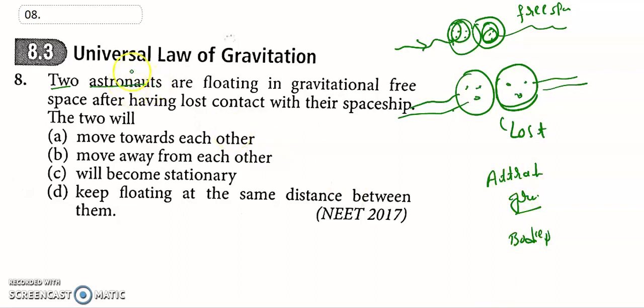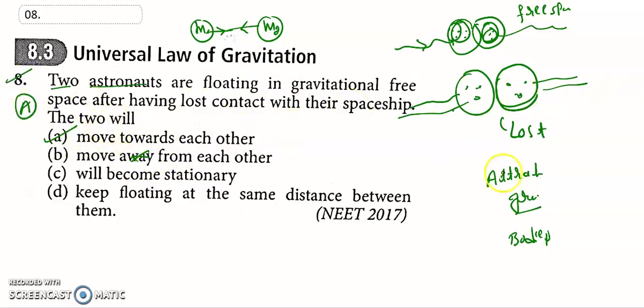By the universal law, with mass m1 and mass m2, these two masses will always attract each other, so they move towards each other. Option A is the right answer for the 8th question.